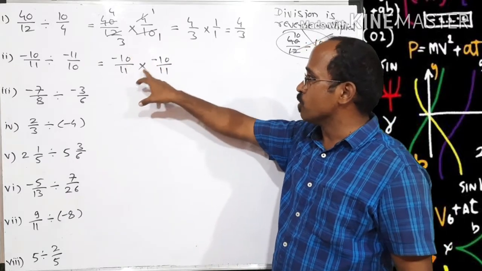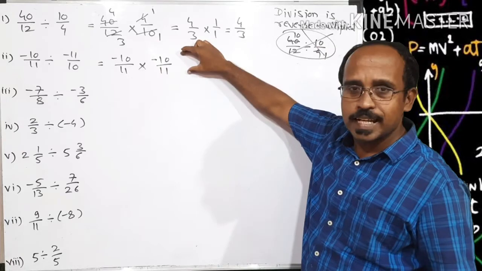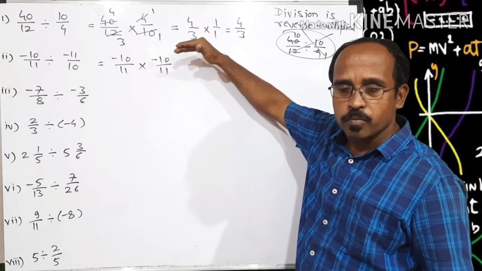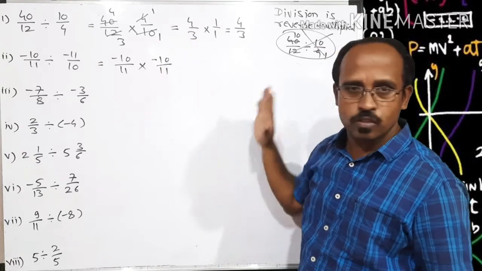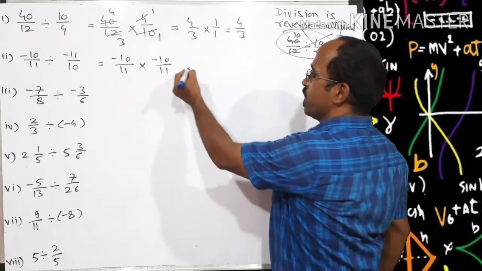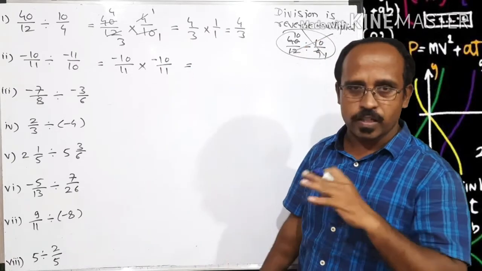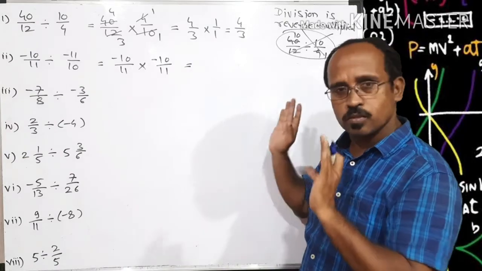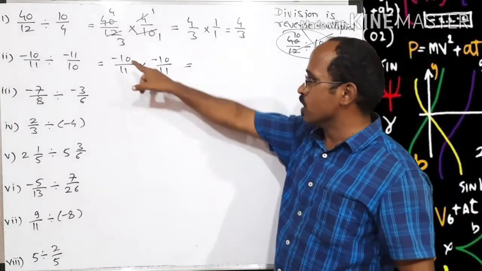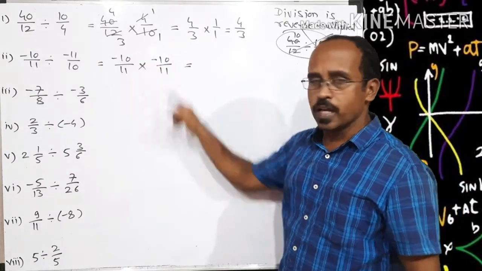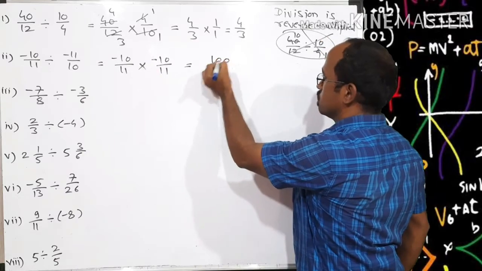Minus 10 upon 11 into minus 10 upon 11. Is there any common factor between any number from the numerator and denominator? The answer is no. So we can't cut or factorize any number. Let's do the multiplication as usual. Numerator by numerator, 10 into 10, 100.